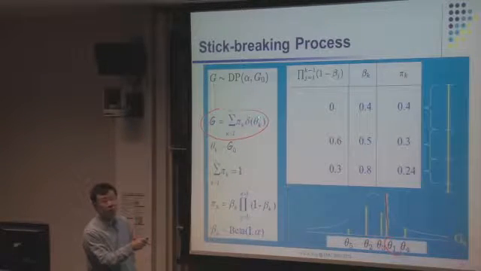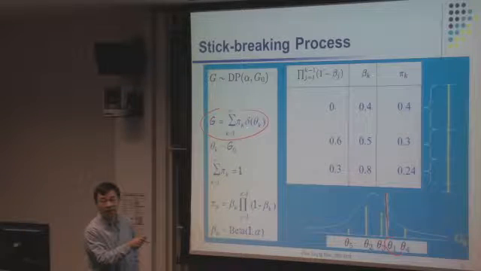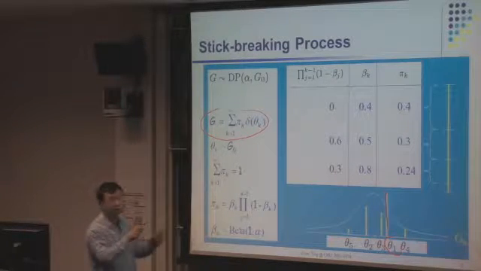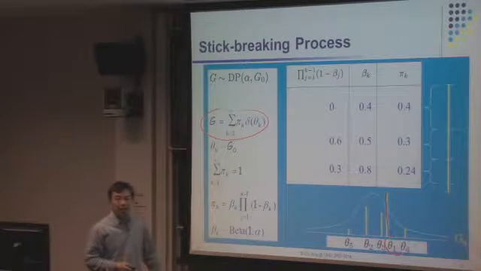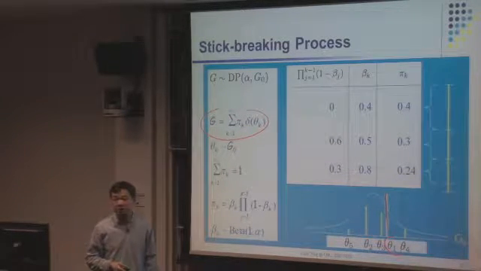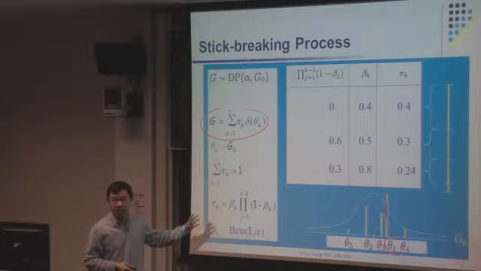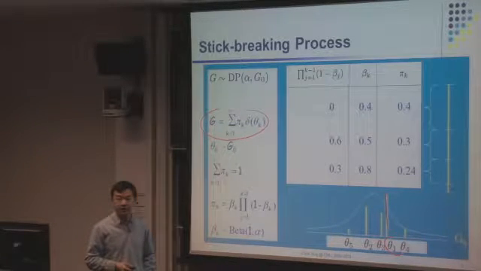And then each of these atoms is associated with a weight pi k. Okay, and the whole distribution is defined by a sum of that. Okay, so that's the stick breaking process, and we talked about the virtue of this process being that it inspires you a way to approximate this using the truncation approximation, right?